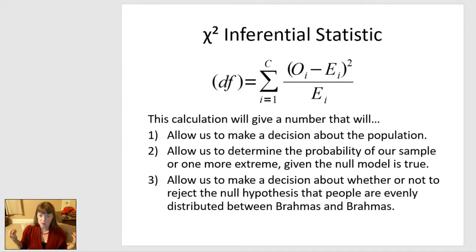Figure out how likely your data is if the null is true. If the probability of your sample data, if the null is true, is really small, then you reject the null hypothesis. And that allows us to make a decision about the population. Is there an even split between Brahma fans and Monarch fans in Encino? So that is what allows us to make this decision.